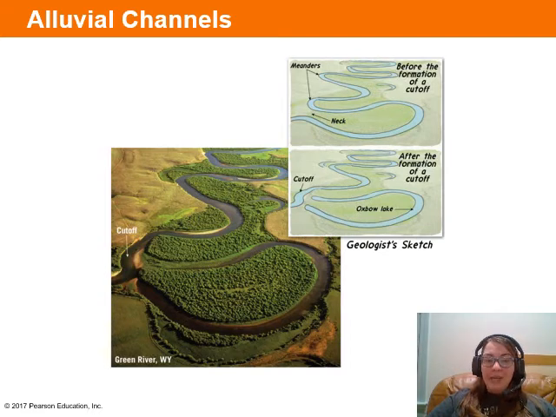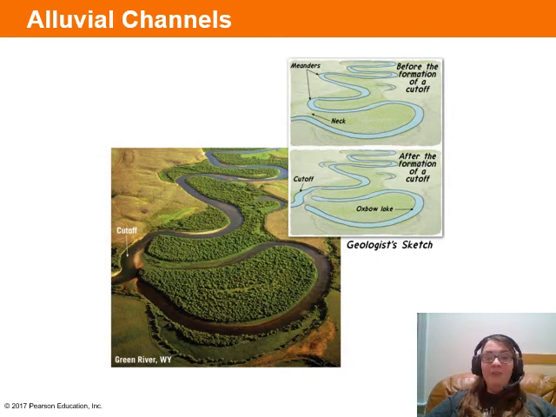But on the inside of our meander, here, we're seeing a lot of deposition. So in this image, we can actually see those point bars forming. We're having sediment being deposited on the inner side of these curves. And since we have erosion on one side and deposition on the other, these rivers are going to migrate. They're going to move over time.